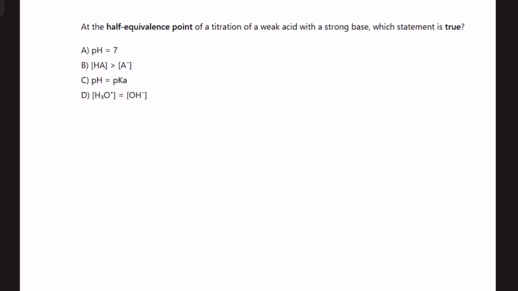Next, we have a theory question. At the half equivalence point of a titration of a weak acid with a strong base, which statement is true? So pH is not equal to 7. So at the half equivalence point, this is said in our notes, the concentration of the acid will be equal to the concentration of the base.